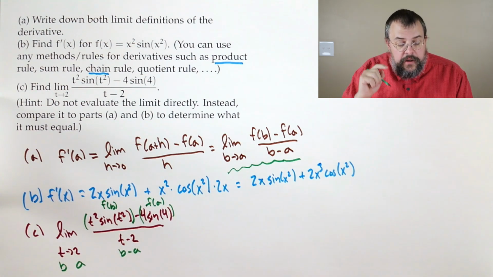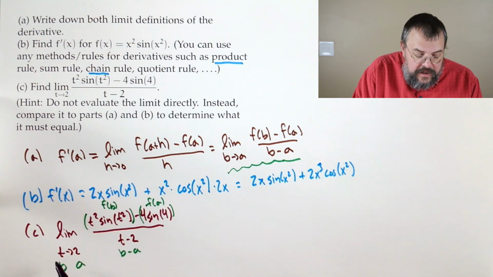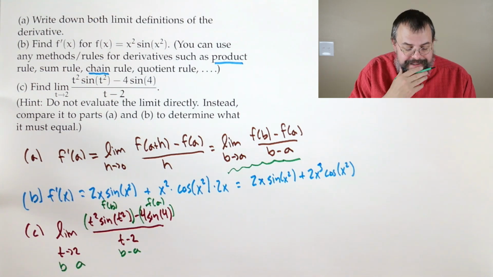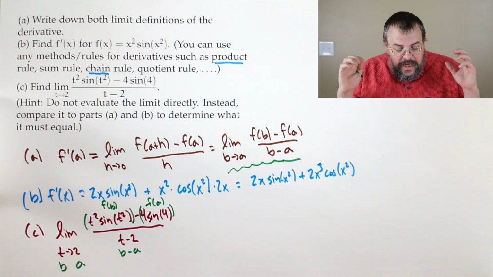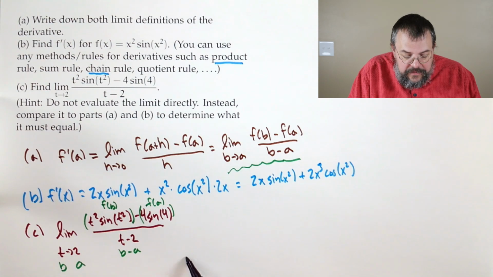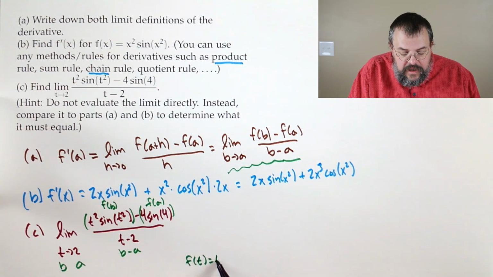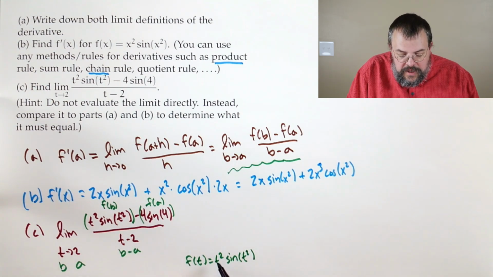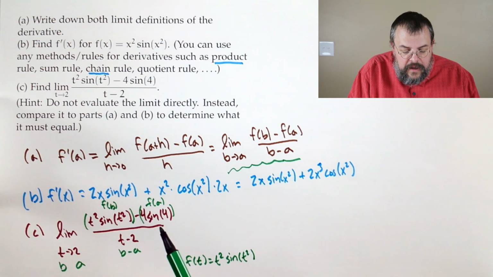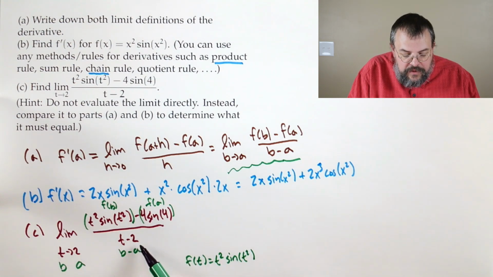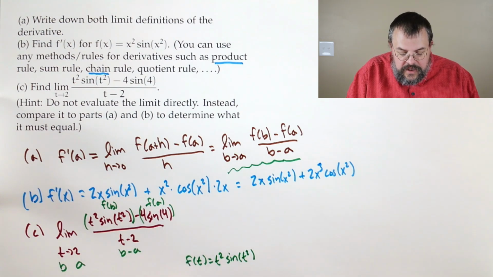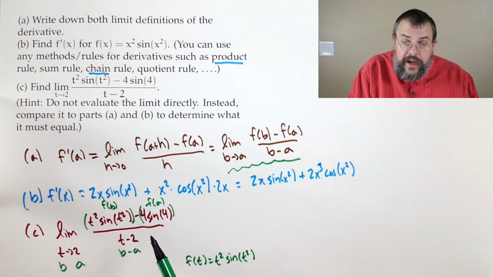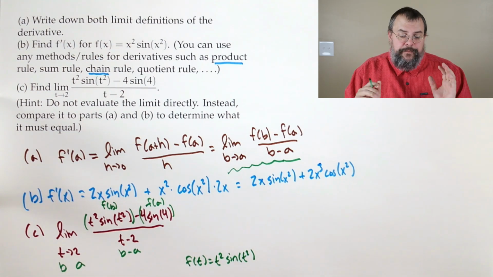So, recall, of course, that B is what corresponds to t in this setup here. So it looks like we want to have f of t equal t squared sine of t squared. Let's see. So f of B does become t squared sine of t squared. If I plug in A equals 2 into the function, I'll get 2 squared sine of 4. Okay, so that is f of 2. Good.